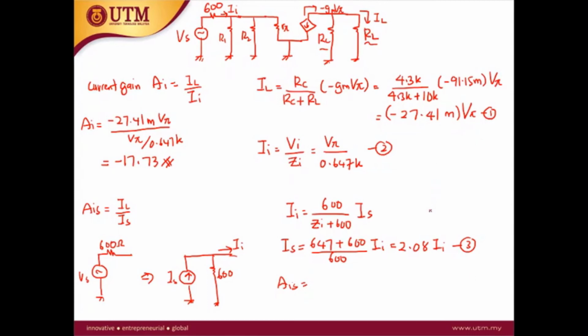AIS is equal to IL, and IL using equation number 1 is minus 27.41 milli V pi. Then IS is equal to 2.08 II, this is equation number 3.